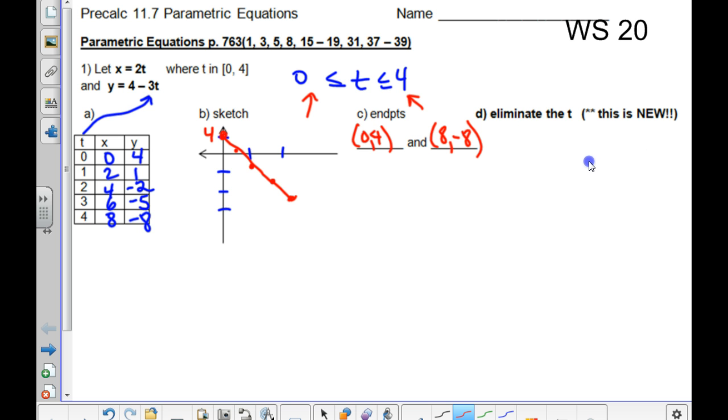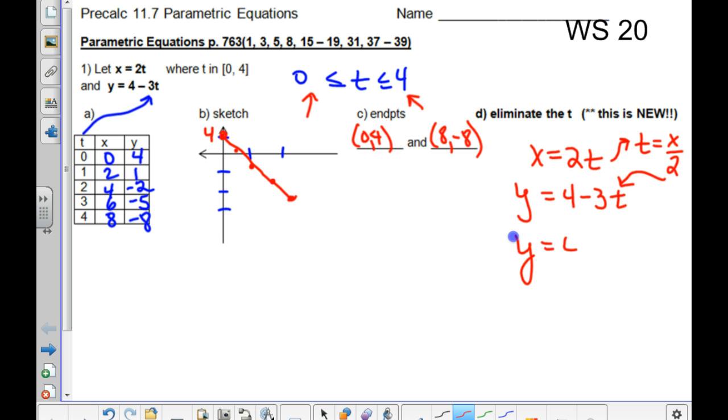This is the new business. Really easy for this particular question. It says x equals 2t and y equals 4 minus 3t. Great lead into the next chapter where you solve by substitution. If we make this say t equals x over 2, and we plug that in here, it will say y equals 4 minus 3 times x over 2.